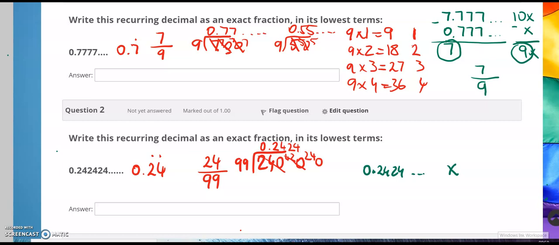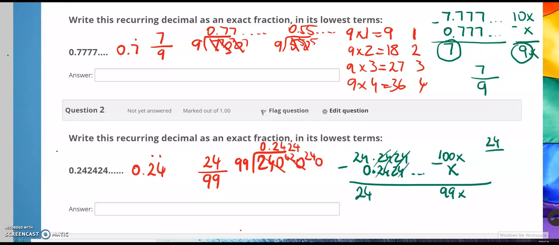So 100x, so that makes it 24.2424. Taking away the bottom number from the top one means that these will cancel each other out, and we'd have only 24. And 100x take away x gives us 99x. So the fraction would be 24 out of 99.